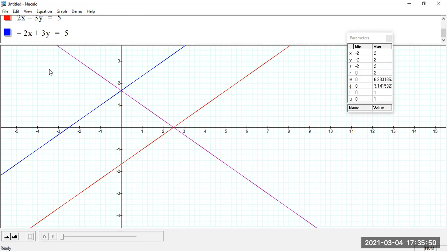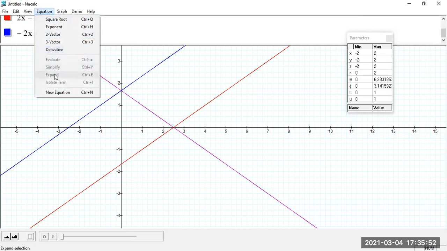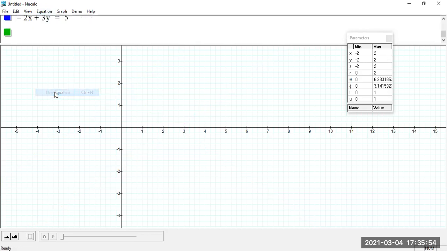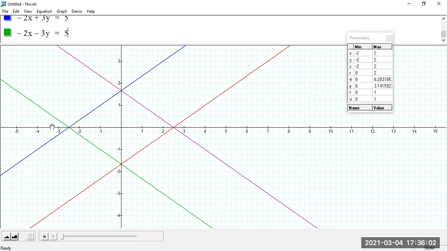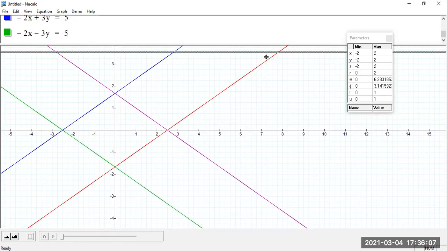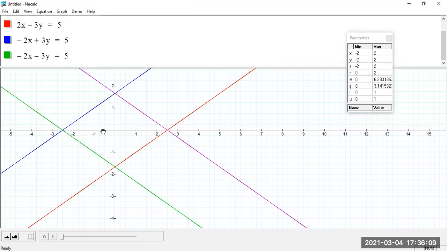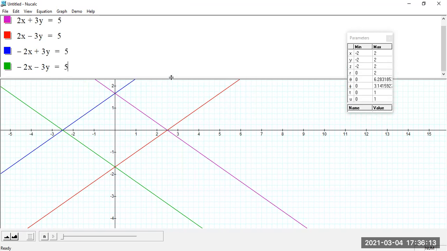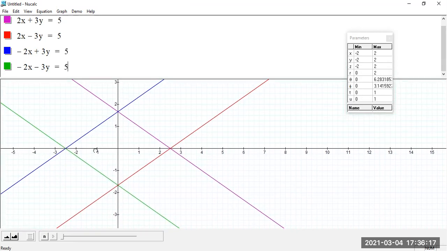And then if I reflect the original purple line with respect to the origin, I will get negative 2x minus 3y equals 5. Let me screenshot this.